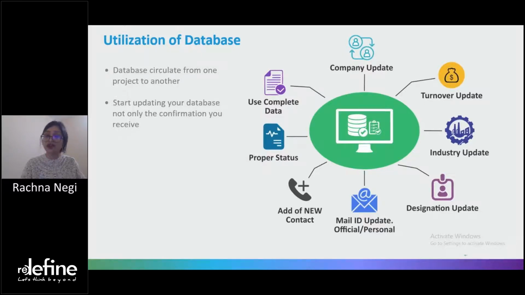It is not for manufacturing, but for BFSI or real estate. So put in all the industry updates. And the very easy method I was going to tell you is, whenever you get a confirmation on a registration file, don't just take the registration from the online file and put it in a separate confirmation file, but try to update all those same things in your database.